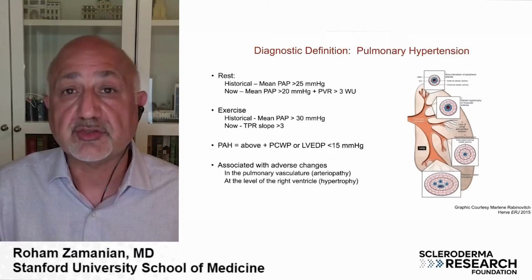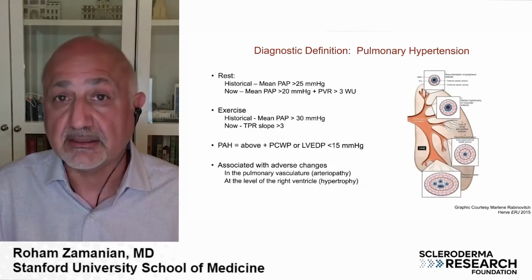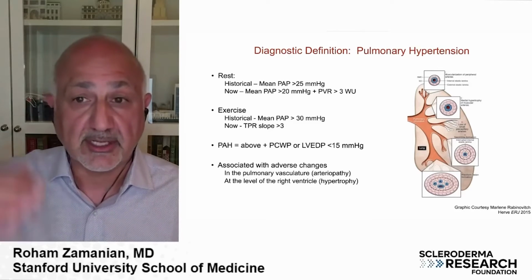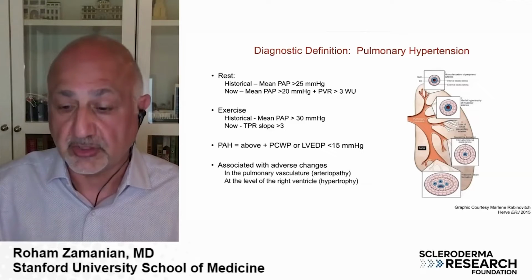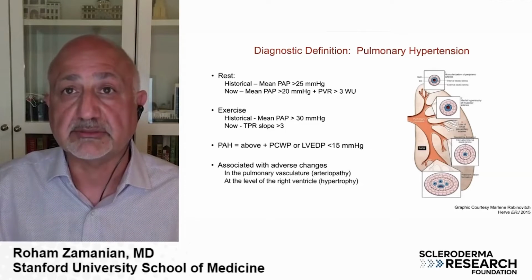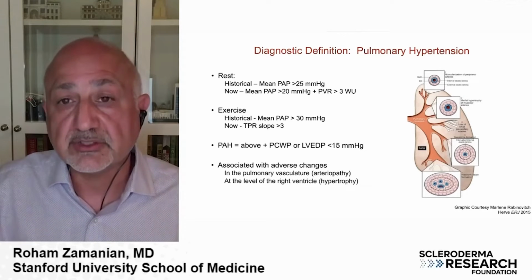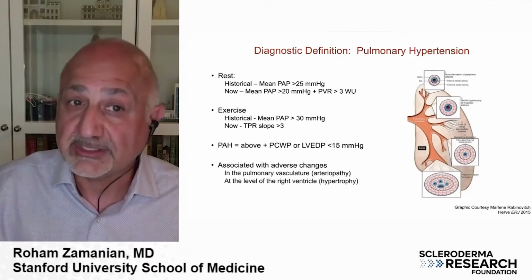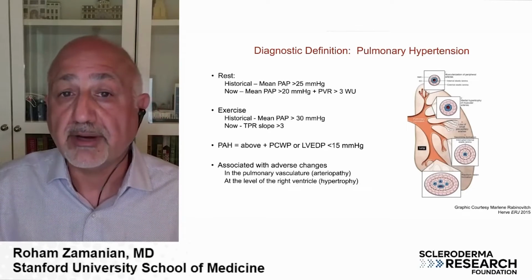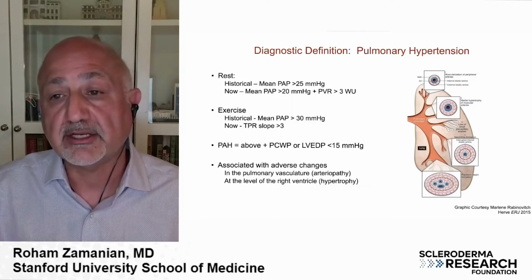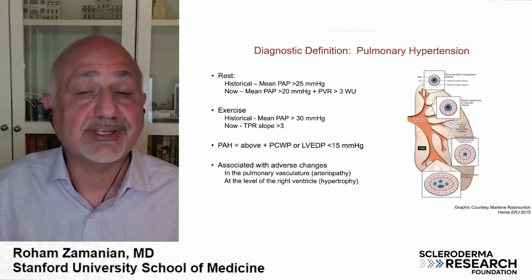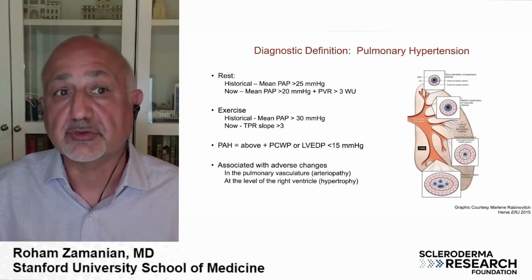Pulmonary hypertension is defined as a mean pulmonary artery pressure, a mean pressure, not a systolic pressure, of more than 25 millimeters of mercury. There's recent data that shows that a mean pulmonary pressure of more than 20 millimeters of mercury by itself can be diagnostic of either early or established pulmonary hypertension. And this is really relevant for patients with scleroderma.